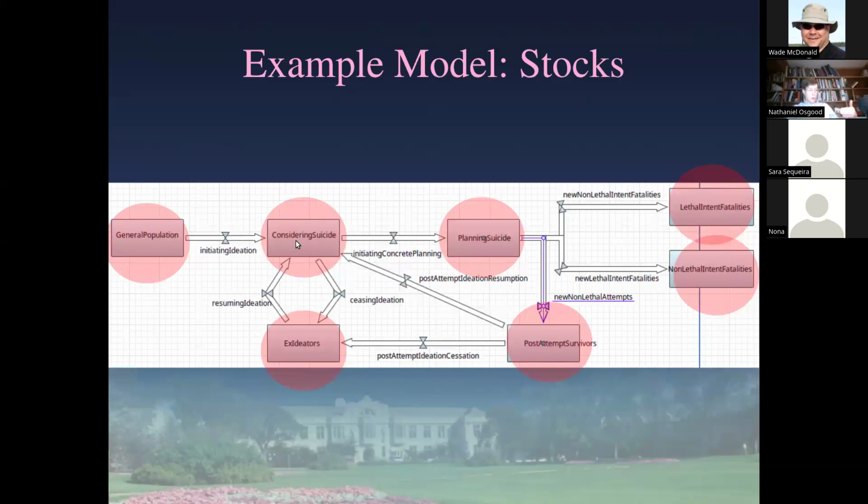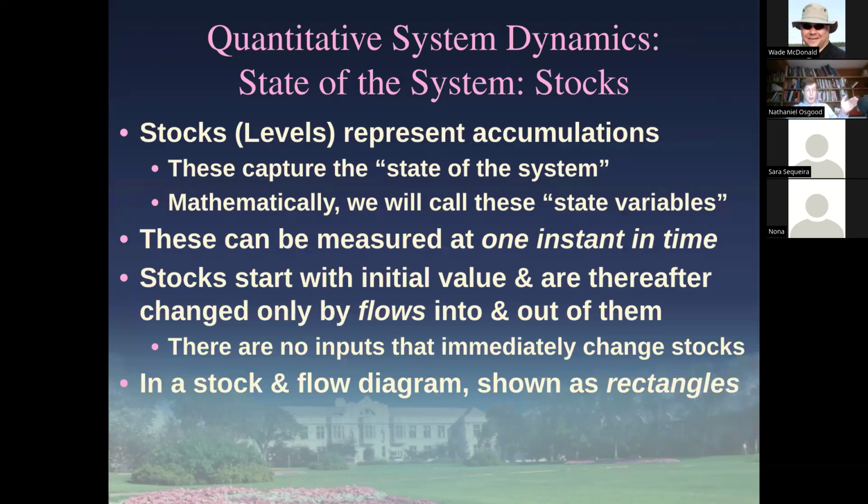So to the degree we have the ability to observe this, which is commonly not the case, but to the degree we do, we can measure it at a single point in time rather than over time. The number of people in the hospital is a stock. The number of people who are diabetic at a given time is a stock. We may not have ready estimates of it right now, population-wide, but in principle, we could observe it at a certain time.